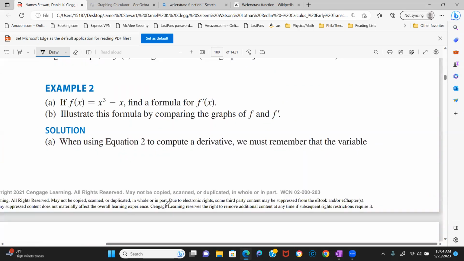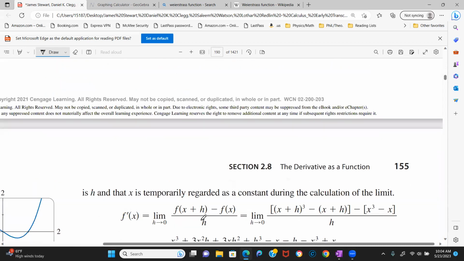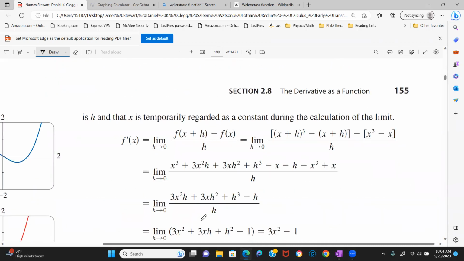So we want to find the formula of f prime given that f of x is this. We want to find the derivative, and then I guess the domain will be obvious. This first equation right here is just by definition. This part right here is by definition the derivative.